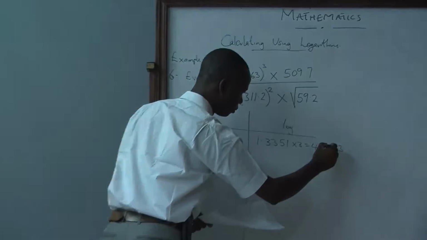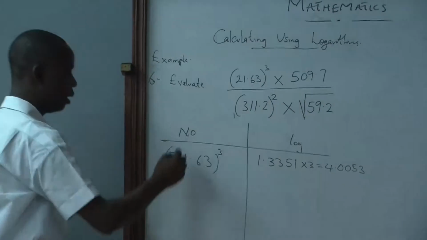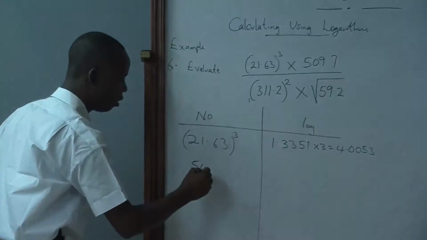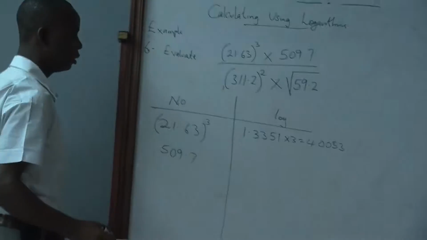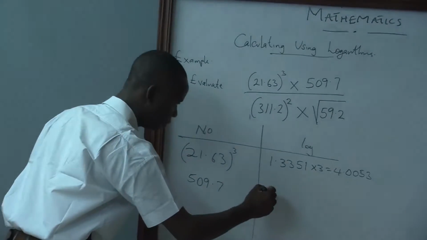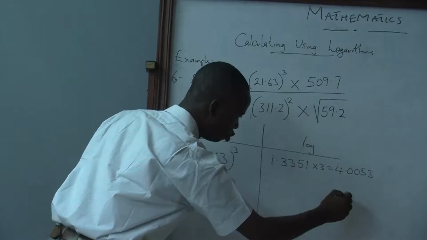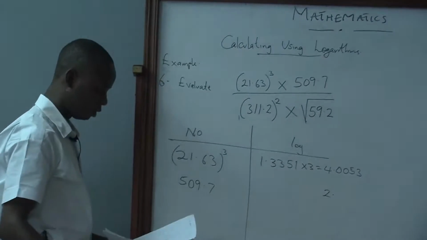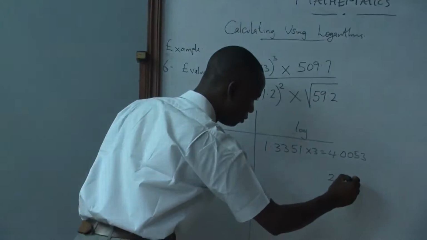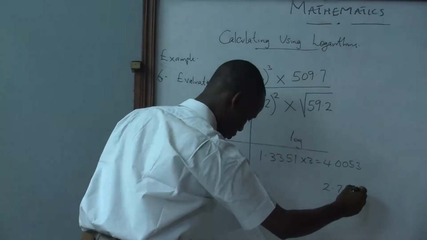4.0053. The other one we have there is 609.7. The characteristic here is 2. And the mantissa we have for this is 7073.